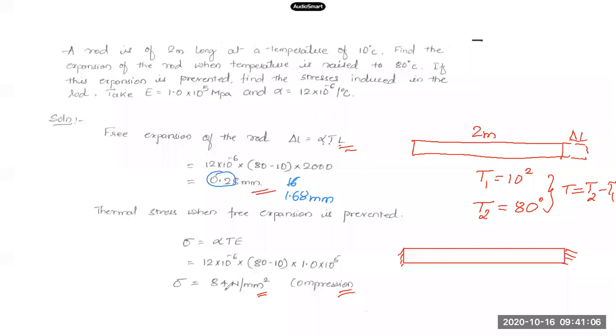What about this stress sigma? Is it 84 Newton per mm square? Yes, sir. Okay, that is correct.